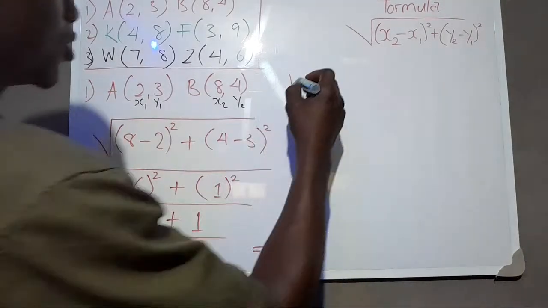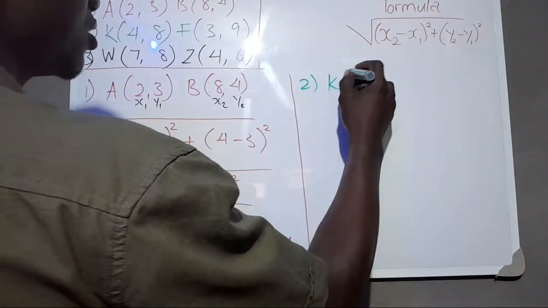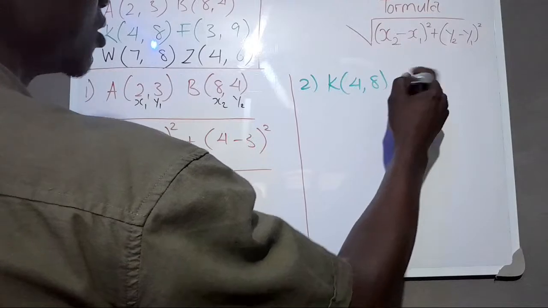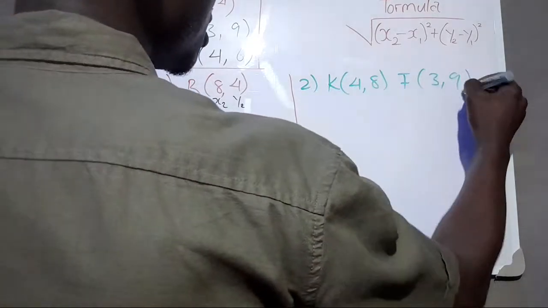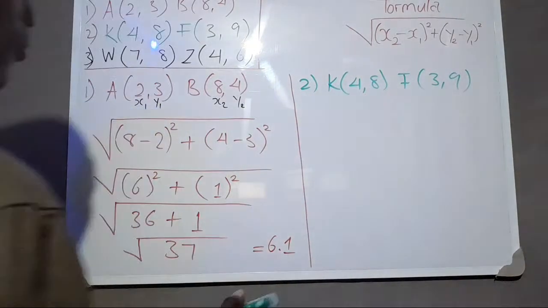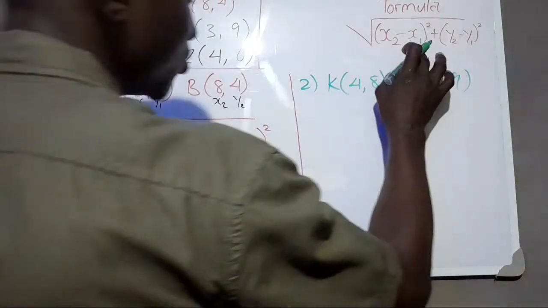Okay. Question 2, some green. So we have point K, we have 4, we have 8, then we have F, we have 3, we have 9. Just like the same thing we did here, what is applicable here as well.